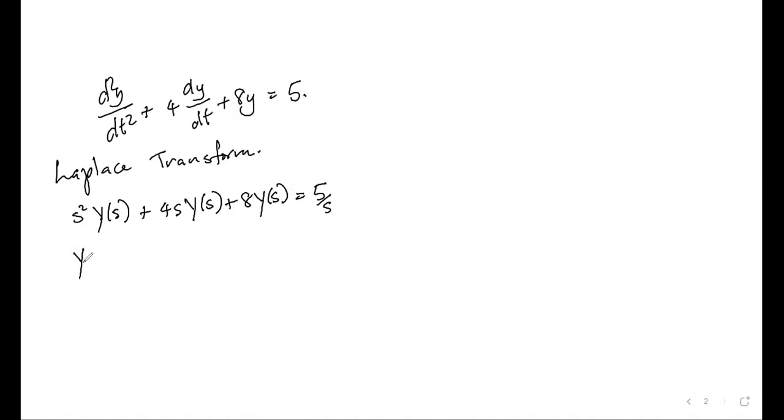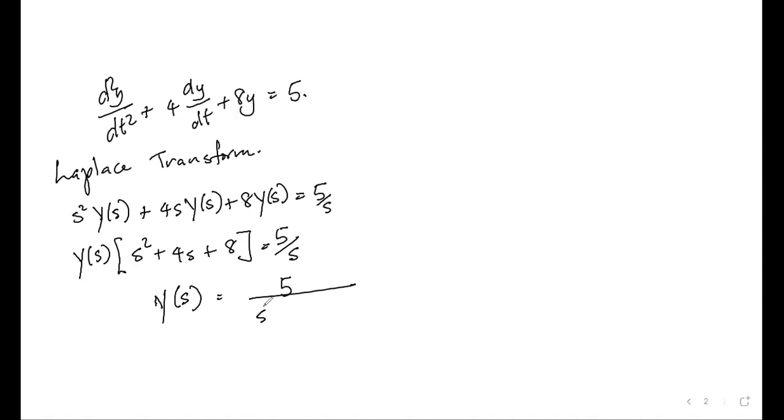So therefore, Y(s) times (s squared plus 4s plus 8) is equal to 5 over s. If I make Y(s) the subject of the formula, that's going to be 5 over s times (s squared plus 4s plus 8).